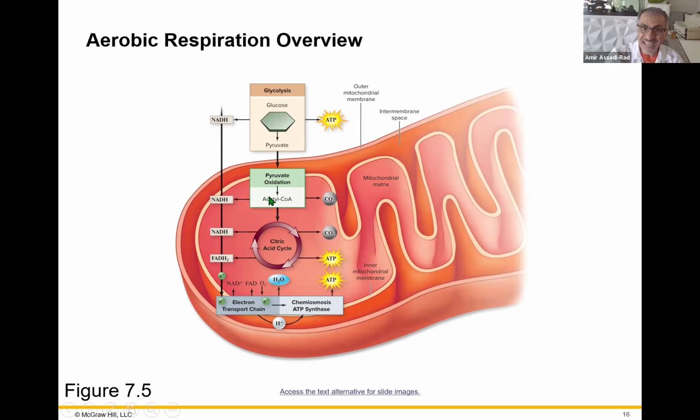Pyruvate goes inside the mitochondria. The definition of glycolysis is the breakdown of one glucose molecule to 2 molecules of pyruvate. That's glycolysis.